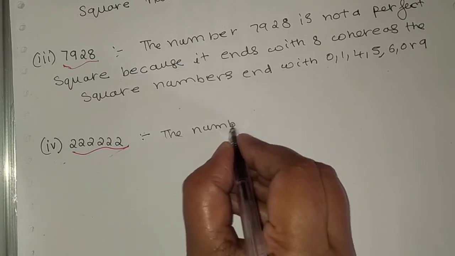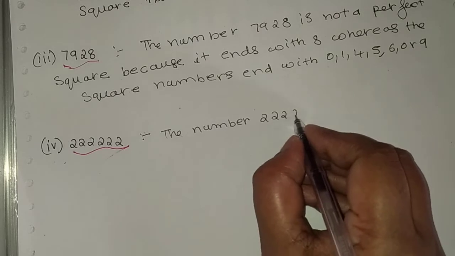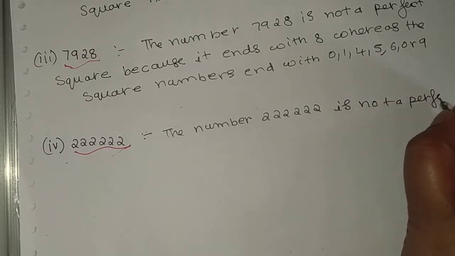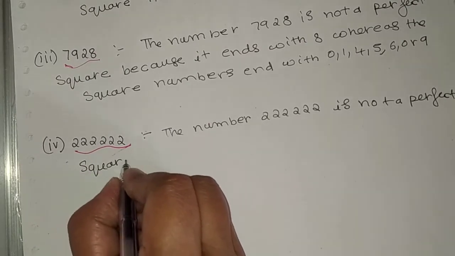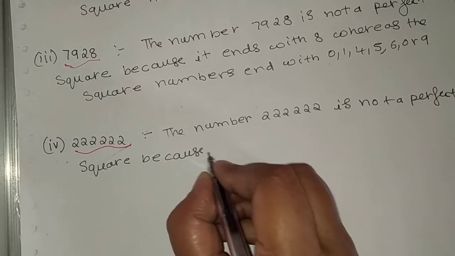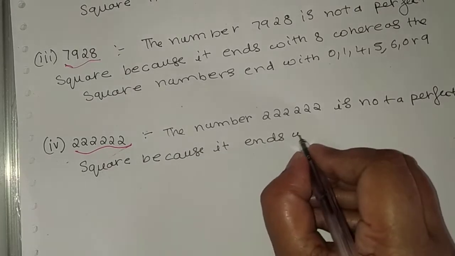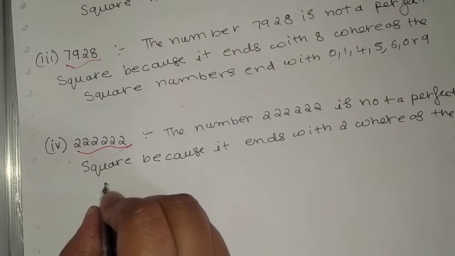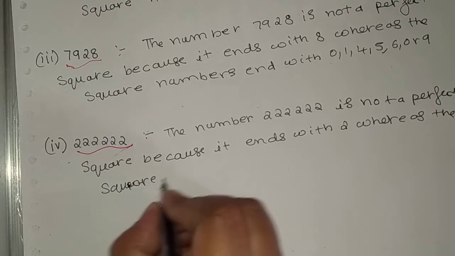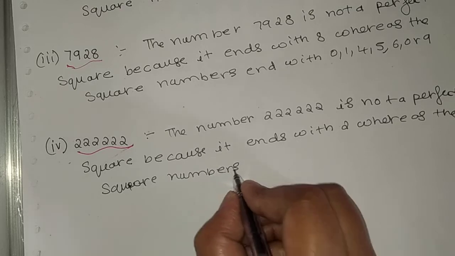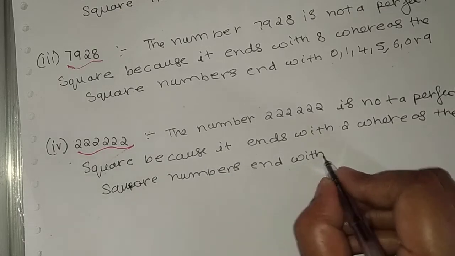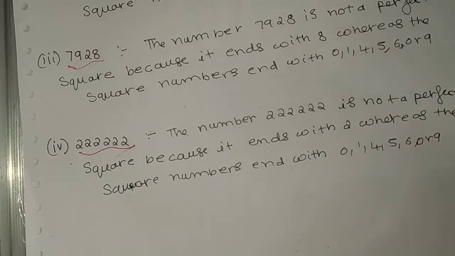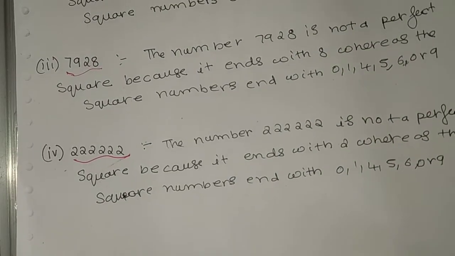So we write the number: 222222 is not a perfect square because it ends with 2, whereas the square numbers end with, same thing, 0, 1, 4, 5, 6 or 9. So this is the solution for the first four problems.